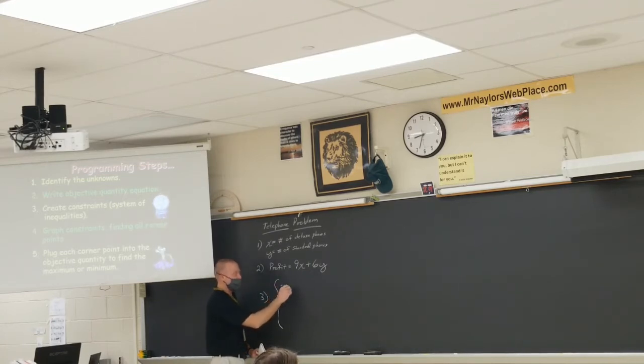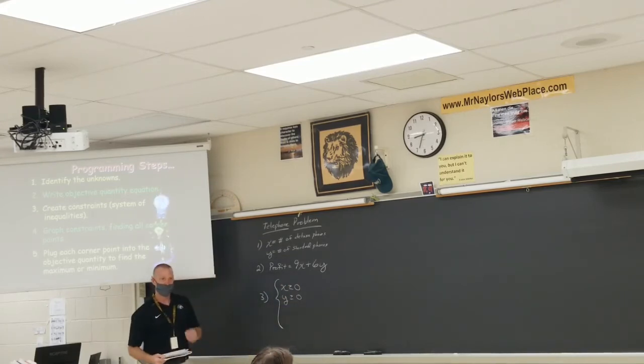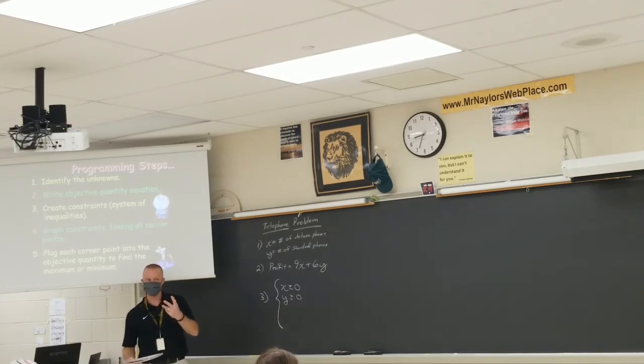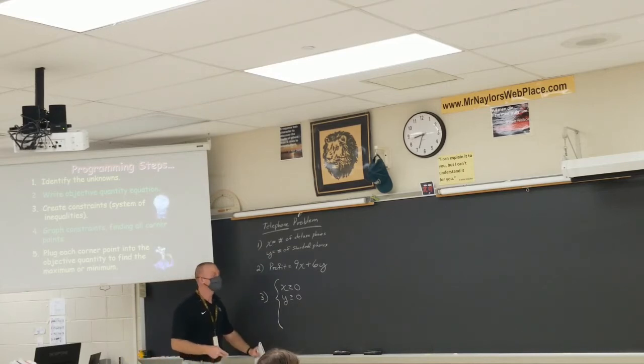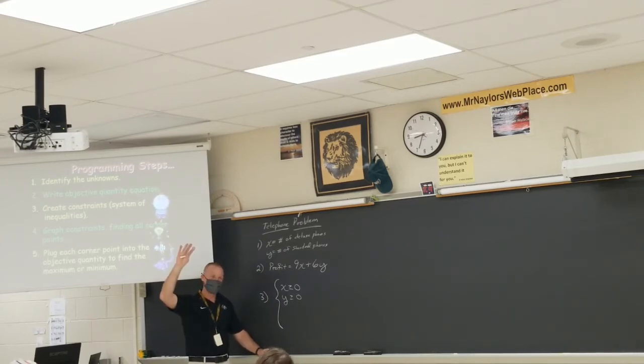Let me just say that both X and Y have to be greater than or equal to 0. Now, I don't like in math to do too many things where the teacher just says, hey kids, that's just assumed. But if you think about it, all this is really saying is I can't have any negative phones. Now somebody says, is it always X and Y greater than 0?